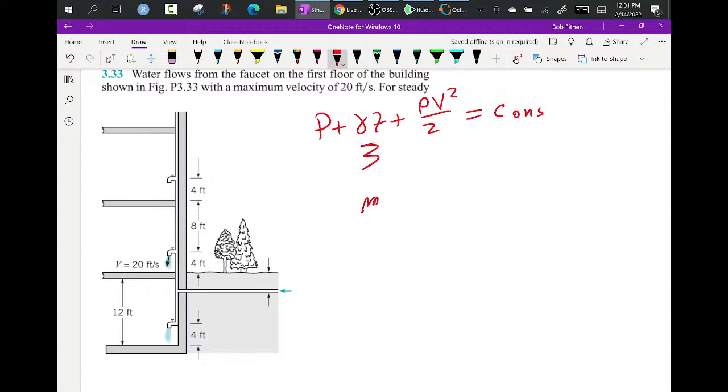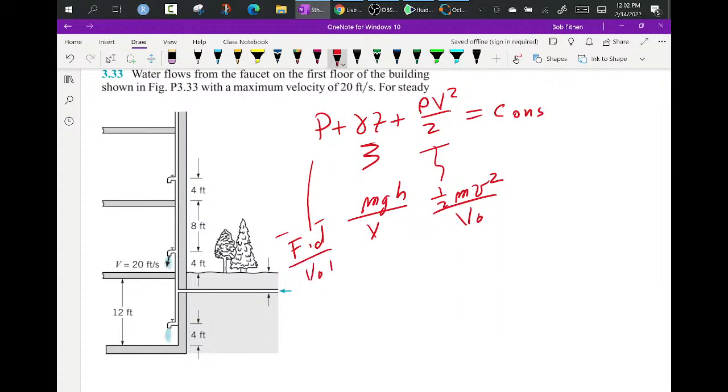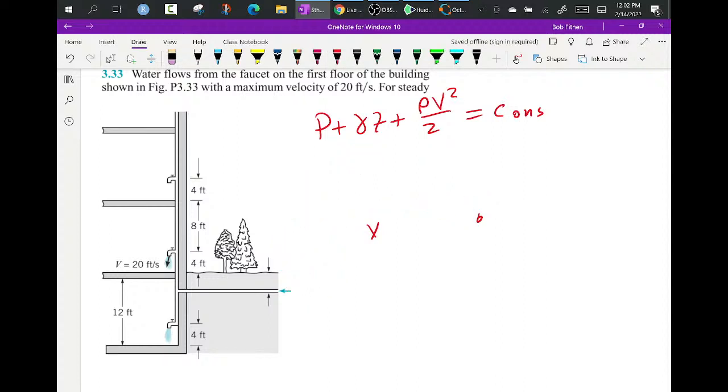This is very much like mgh over a volume, 1/2 mv squared over a volume, and F dot x, or d, over a volume. This is kind of the applied force, so to speak. But it has to be constant along a streamline.